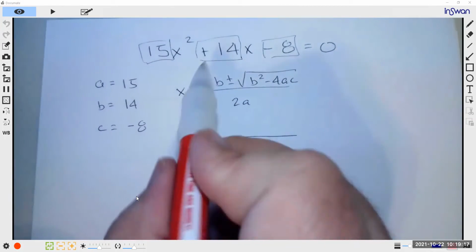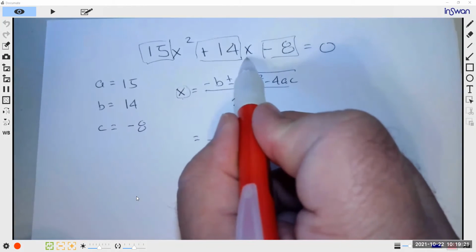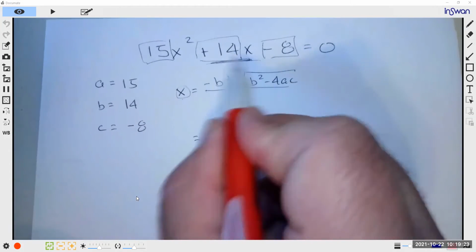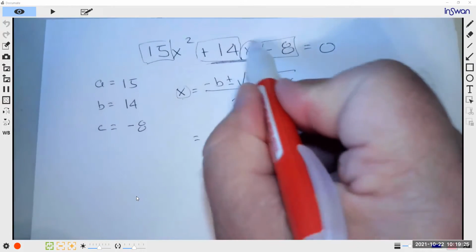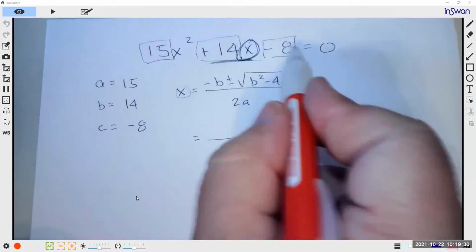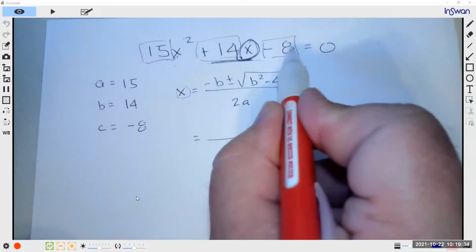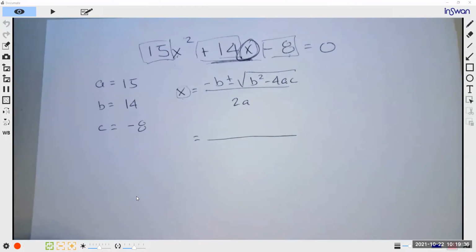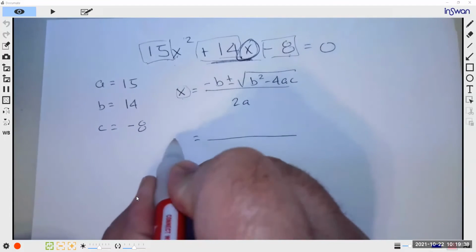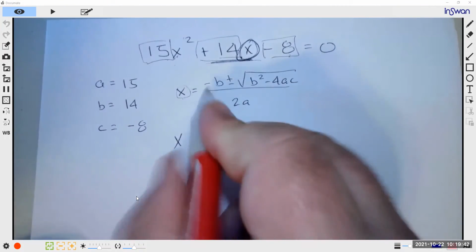Okay, here's a very important point. You notice we're solving for x. We're always solving for whatever this middle term is. That's what we're solving for. This x makes up both of those. This 14 makes up that. So b is negative 14, because there's a negative.